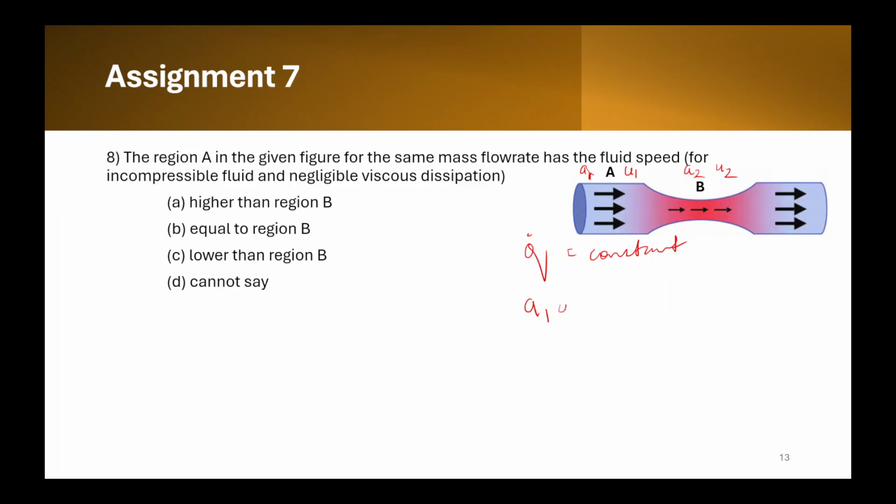So A1 U1 is equal to A2 U2, since I said same mass flow rate. Mass flow rate m dot is equal to density into q dot. If density is also constant, mass flow rate is constant, so q dot will also be constant. Because it is incompressible fluid, density will remain constant.